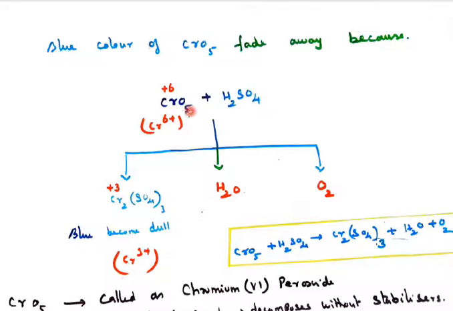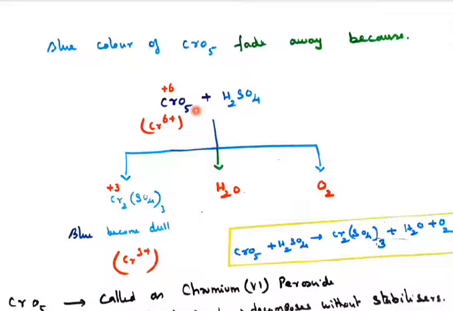In CrO5, what is the oxidation state of chromium? They will ask you. If you take 5 into minus 2, you get 10. But 10 is not the oxidation state of chromium. That procedure, multiplying by minus 2, is a wrong method for this peroxide case, not for all cases.